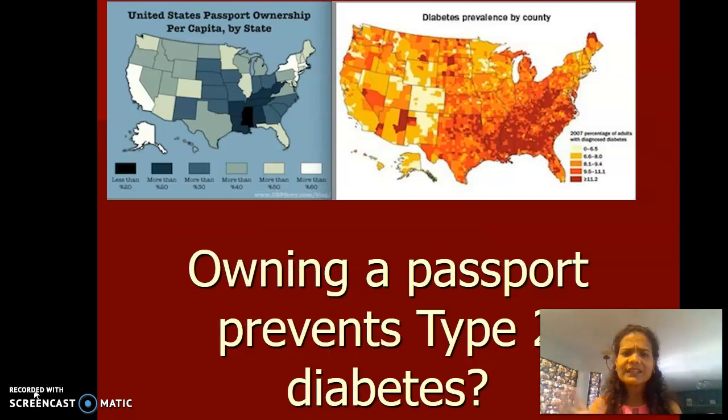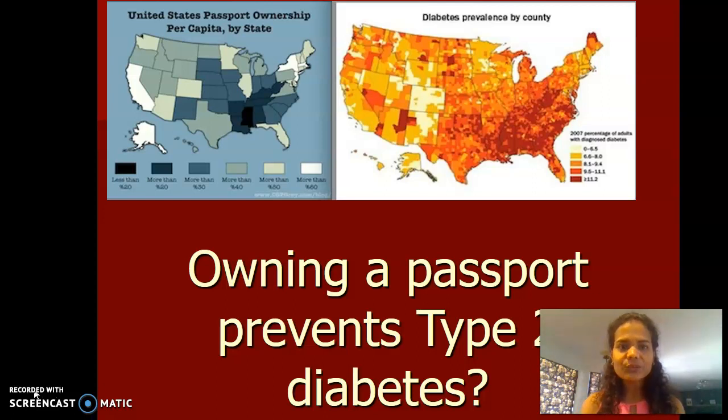You have another example of this. You see a strong correlation between passport ownership and the prevalence of diabetes. In other words, the higher the number of people who own passports, the lower the prevalence of diabetes. And so, of course, you know intuitively that there must be something else going on here. And so, if you're guessing the third variable is social class, then you're right.